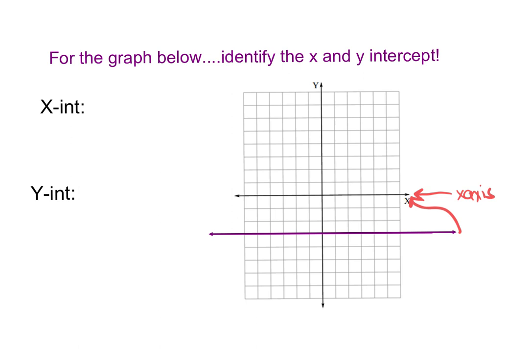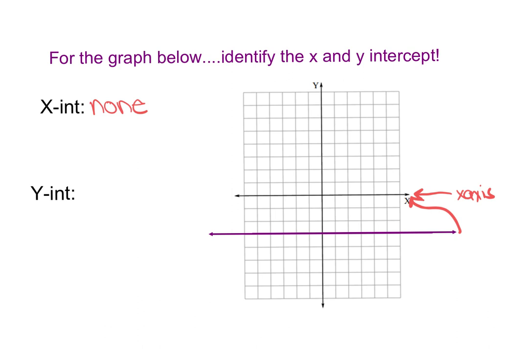There will be lines that do not cross the y-axis. If you notice that there is no x-intercept point because it never crosses the x-axis, you can simply write that there is none, because there isn't one. There is no point where this purple line is going to cross the x-axis, and therefore there is no x-intercept.